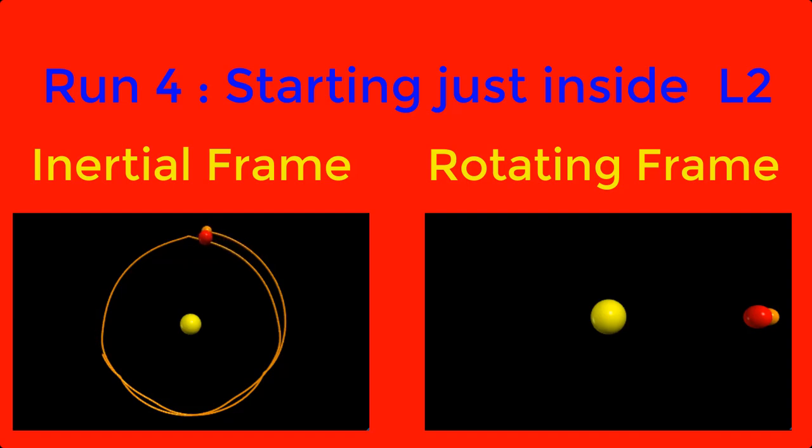Effectively, what has happened is that it's moved away from L2 towards body 2, and in fact has effectively become a satellite of body 2. Of course, it is interesting to speculate about whether, if a more sophisticated numerical routine was used, slightly different behavior would occur at this point.